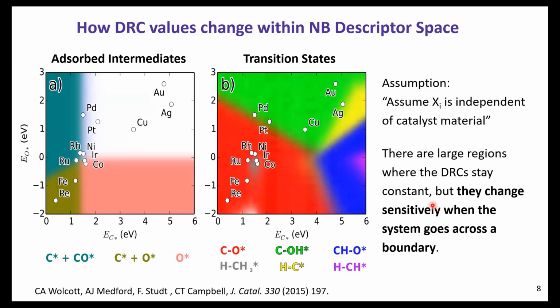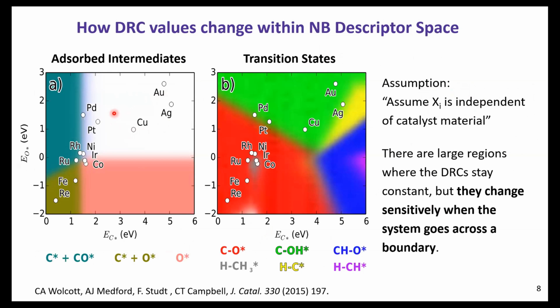Remember, when we derive the equation, we assume the DRC is independent of catalyst material. However, this assumption is not always true. If you look at this DRC map in the Norskov-Bligaard descriptor space, you can see in large regions, the dominant DRC species does not change. It's okay.